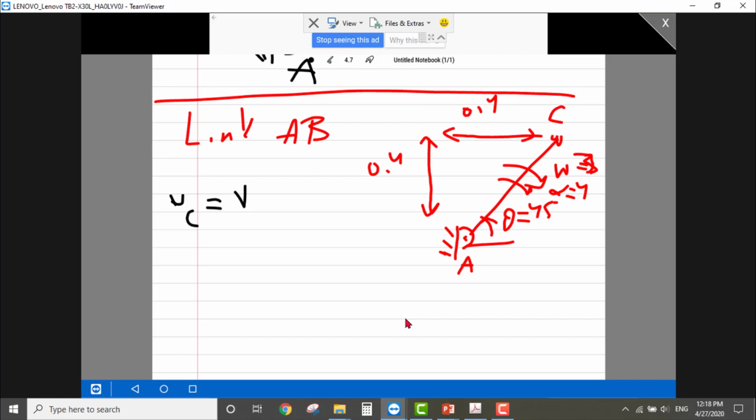So Vc equals Va plus omega of this link AC cross product r C with respect to A. Okay, so Va is 0 because it is pin connected. Now Vc, and you know very well how to find the direction of Vc.